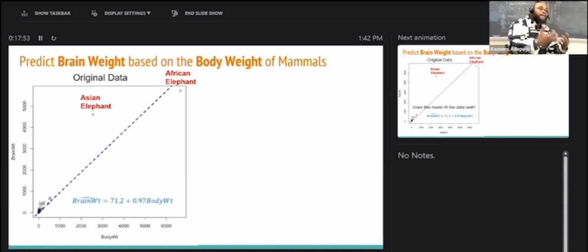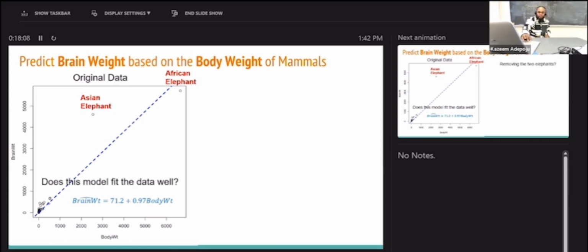And we want our conclusion to be general, right? Now, if you ignore the violation and you go ahead and fit a linear regression model, you're basically going to have this. Okay, now, does this model fit the data well?